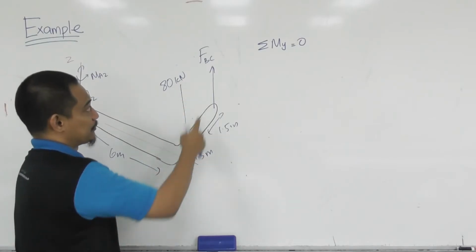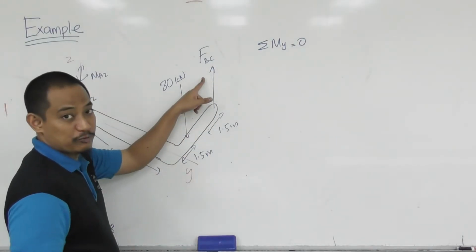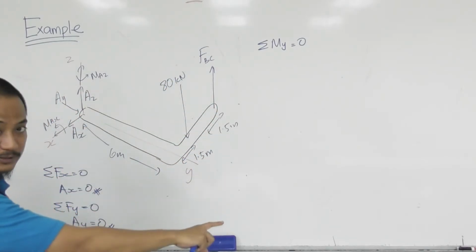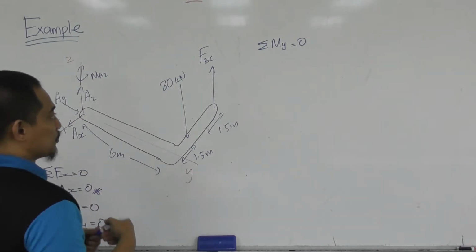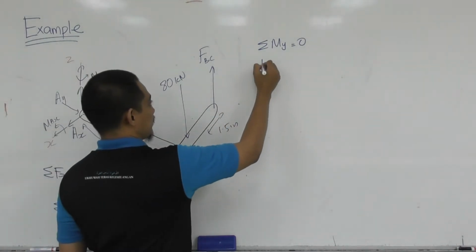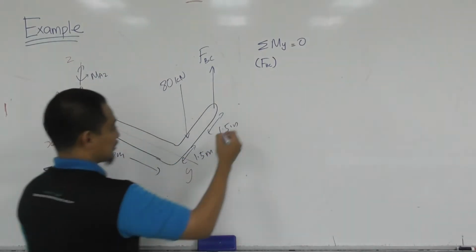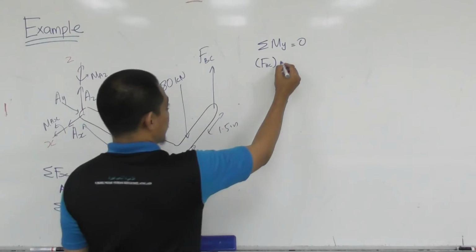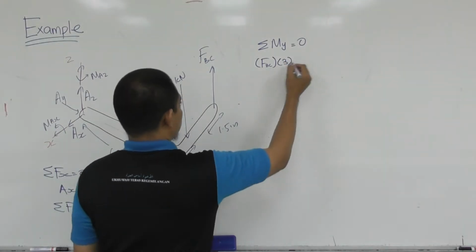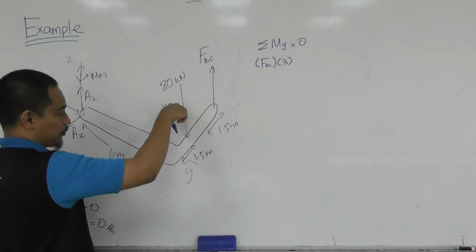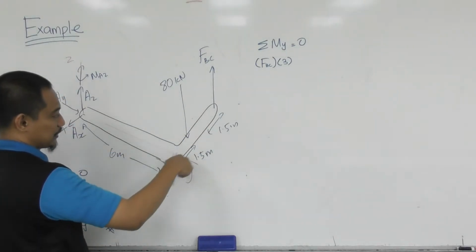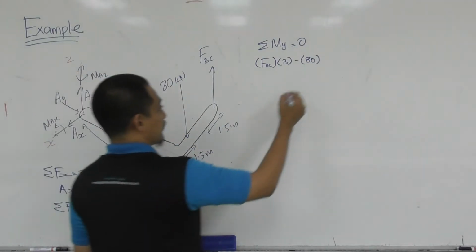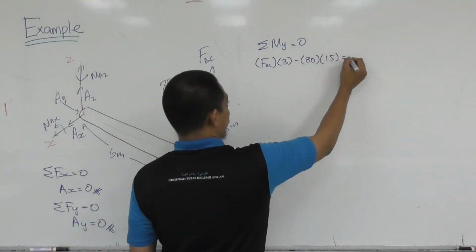Okay, let's start with FBC. Hopefully you can imagine that it produces counterclockwise moment about y-axis. So that will be plus FBC times the perpendicular distance to the axis, times 3. And then this 80 kN is producing moment clockwise about y-axis, so minus 80 times distance of 1.5 equal to 0.